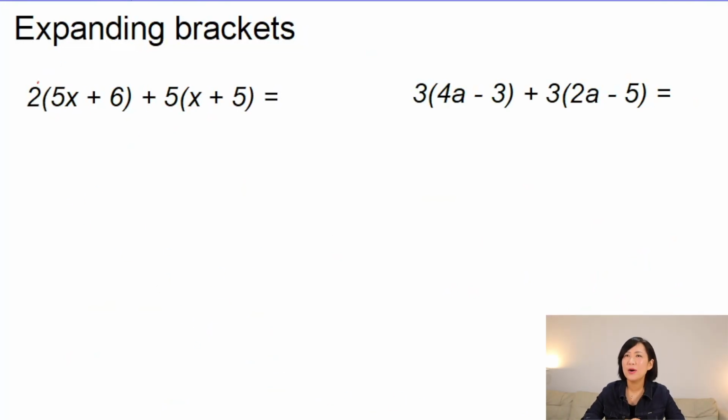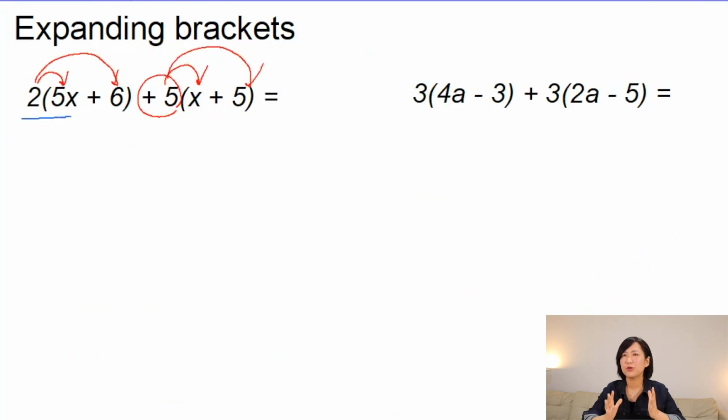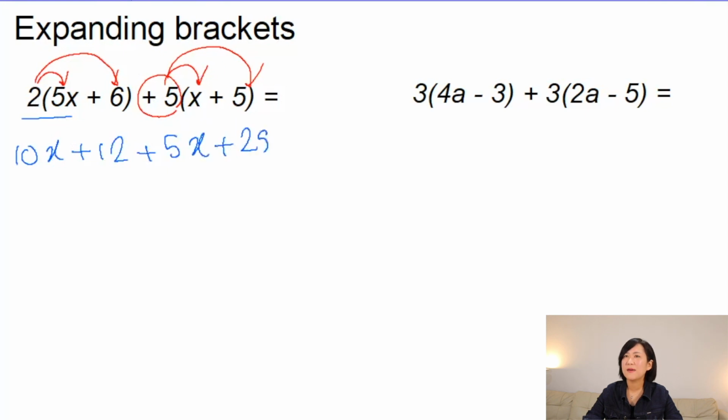So, now let's distribute the numbers in front of the bracket. So, 5x, then 6, and then this time you distribute 5 into the terms inside the bracket. So, let's expand it. 10x plus 2 times 6 is 12, and then add 5x plus 5 times 5 is 25. That's what you need to do.